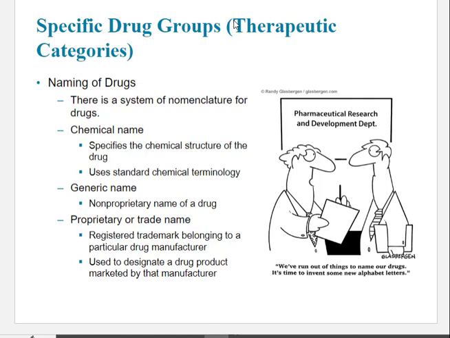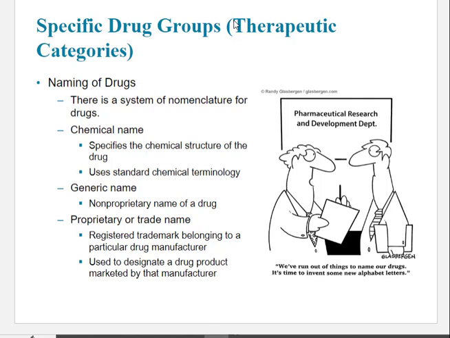So with naming of drugs, you're going to see within this chapter, there's several names for the same drug. And that's when we come into the trade name of the drug. We've got generic. Oftentimes, drugs are named after their chemical structure. For like acetaminophen, that is Tylenol.